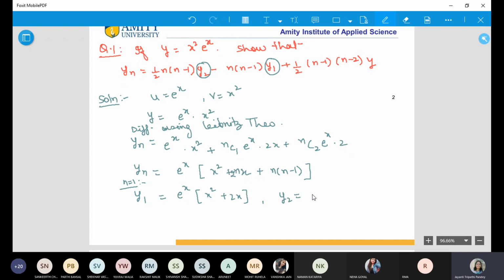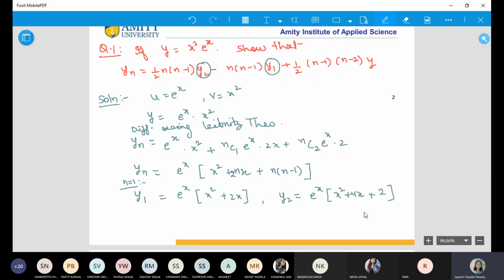Similarly, y2 is e^x (x square plus 4x plus, what will you get? 2 into 1). Have I missed something here? The 2 will come here, right?